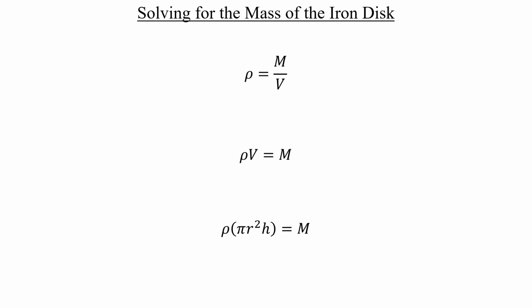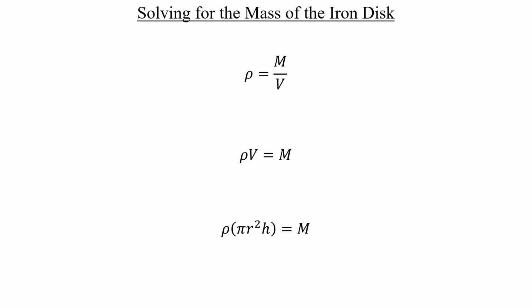So now we have an expression for the mass of the disk in terms of known variables, except for r. To get around that, let's try out a new rotational equation. We know that the energy of movement is associated with kinetic energy, but in this situation, the movement is entirely rotational.